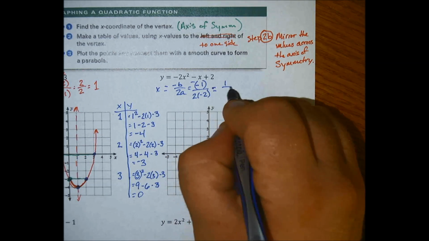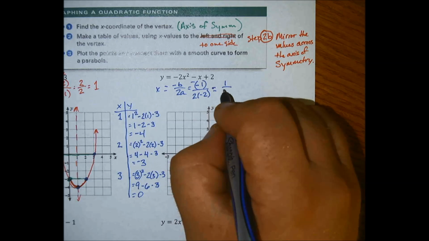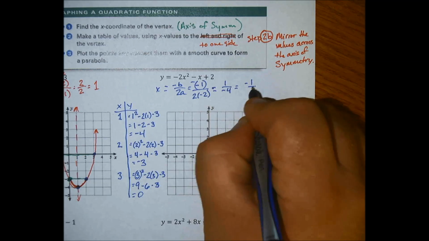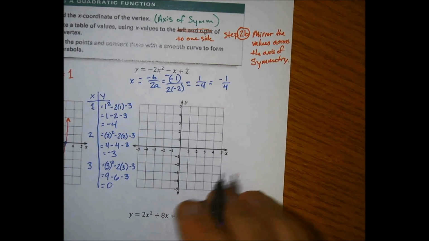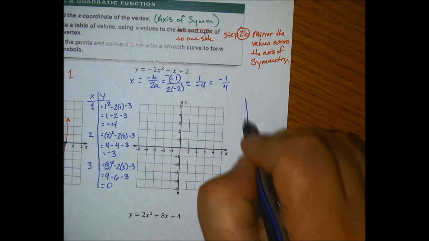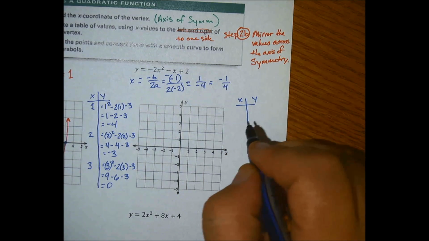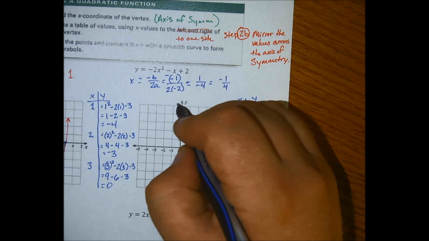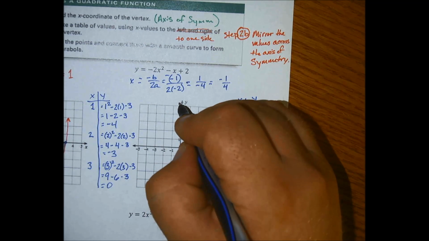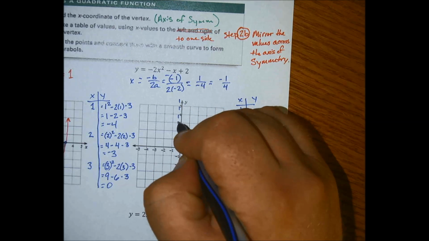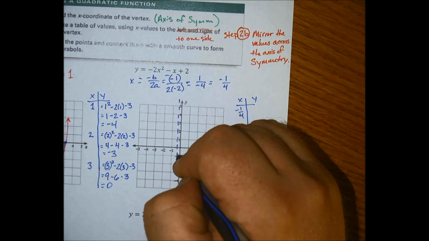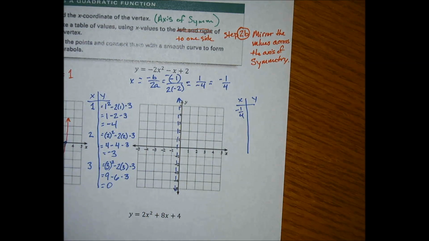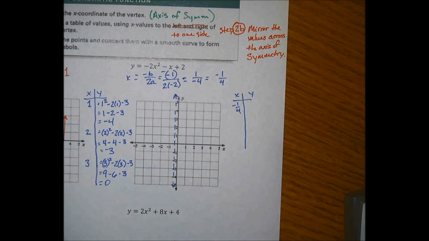Negative 1 is positive 1. Negative 2 times 2 is negative 4. So we get negative 1/4. All right. My XY table, starting with negative 1/4. I'm going to try to put that on here, and it could be a little bit ugly because the scale on my graph makes it so. Okay, but that's about my axis of symmetry.